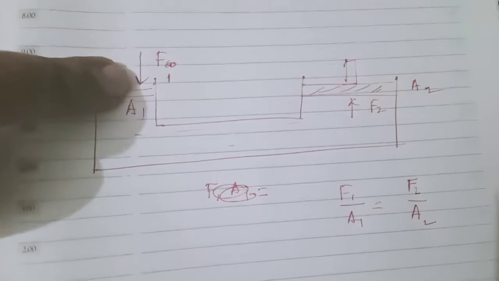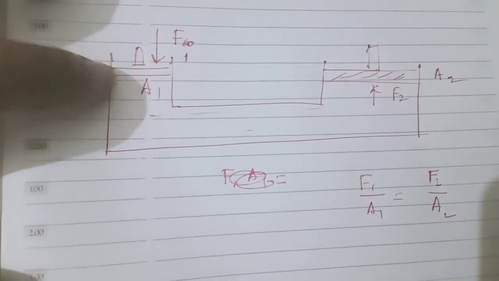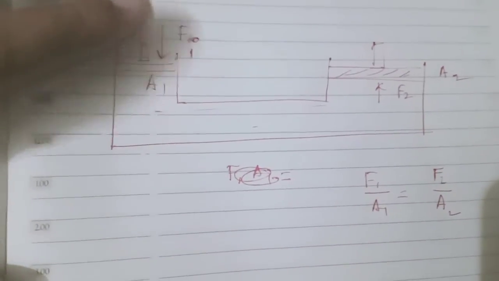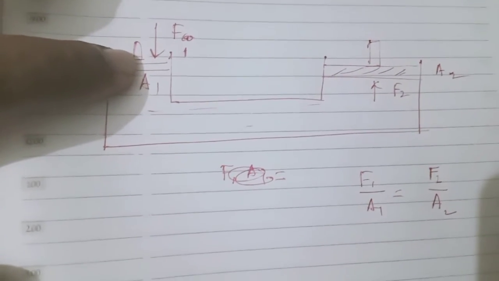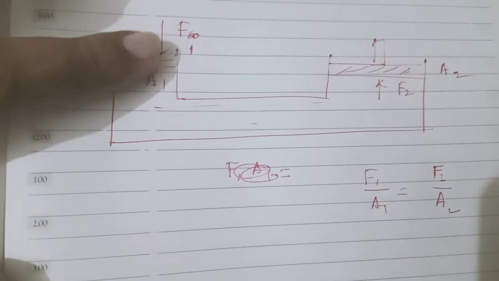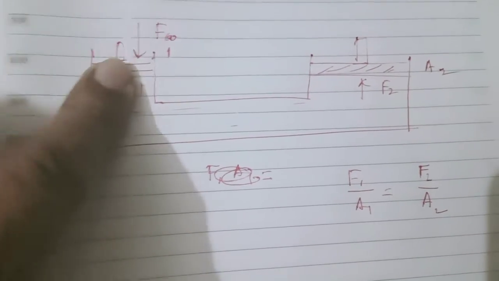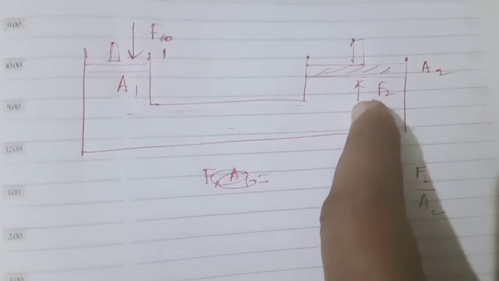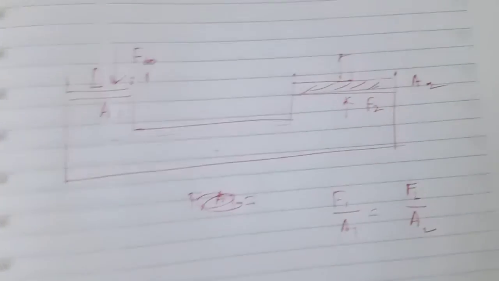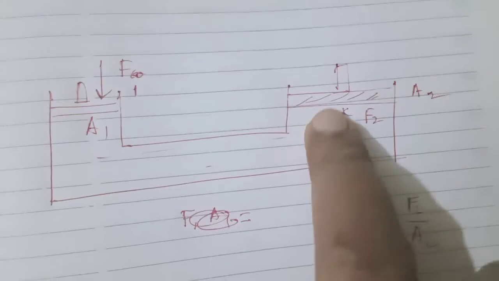The pressure is created here. How? A force is given on the cross-sectional area A1. So the pressure created here is force per unit area, that is F1 by A1. Now, from Pascal's law, this pressure will be transmitted equally in every direction, always acting normally on the surface. So the same pressure will be created here.